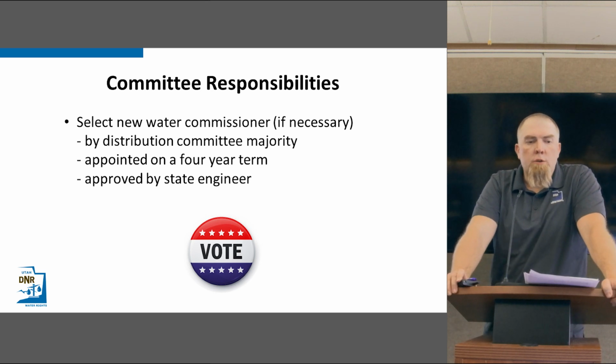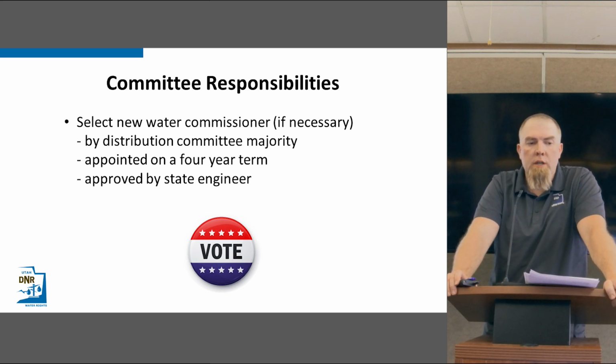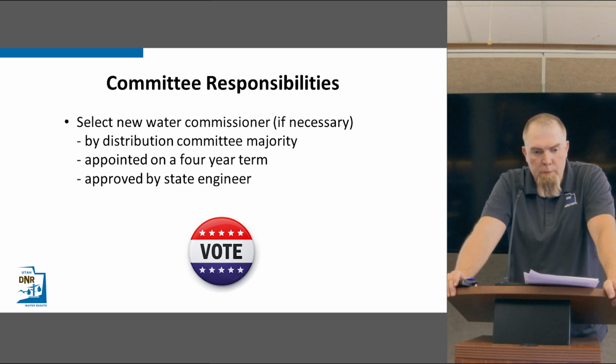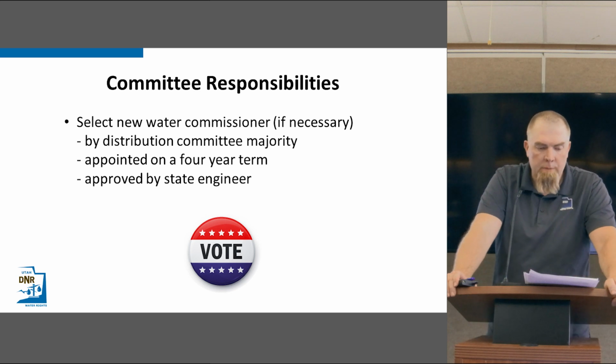The committee also selects the new water commissioner if necessary. These are done by a majority. The committee will usually interview a commissioner, and they will obviously vote on who is the best qualified for the position. They're appointed for a 4-year term.